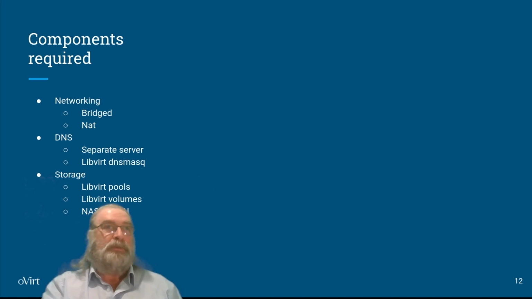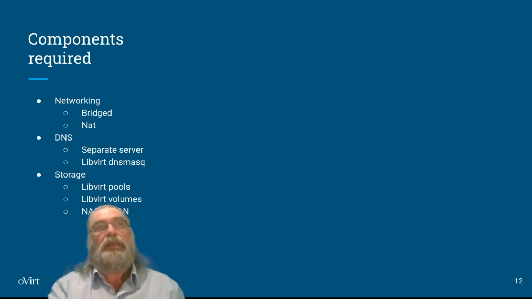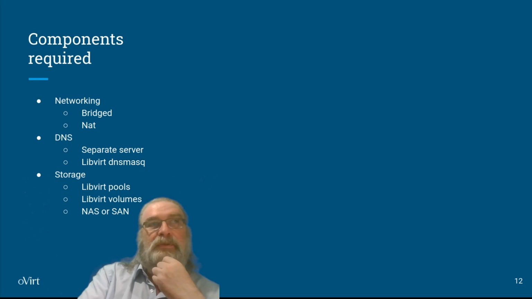And within these pools, we can then create storage devices that libvirt classifies as volumes. And these are the things like disk images and stuff like that that will be passed to the virtual machines. So it can also be ISO files. You might also have a NAS or SAN system set up that you can utilize for this as well.